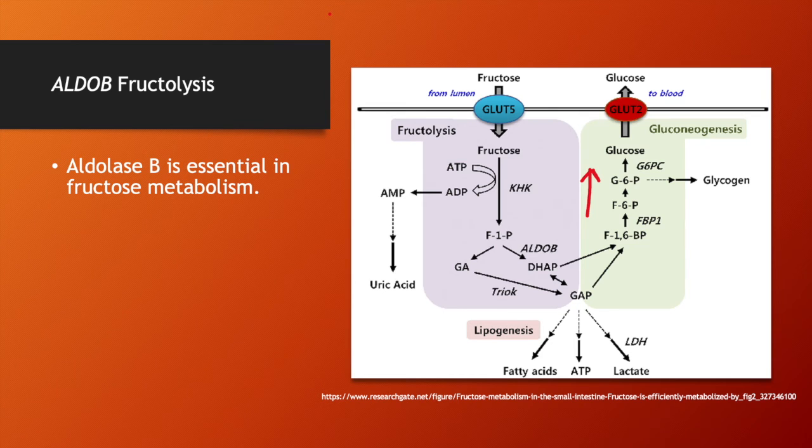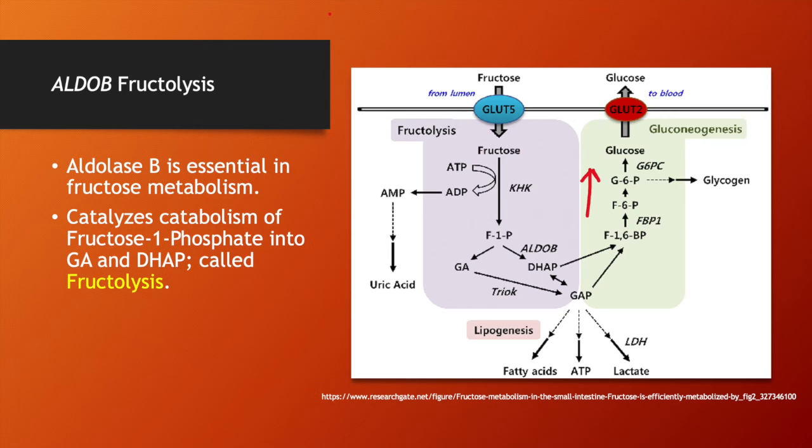So aldolase B is going to help catabolize fructose 1-phosphate into glyceraldehyde and dihydroxyacetone phosphate in fructolysis, which is the breakdown of fructose instead of glucose in glycolysis.